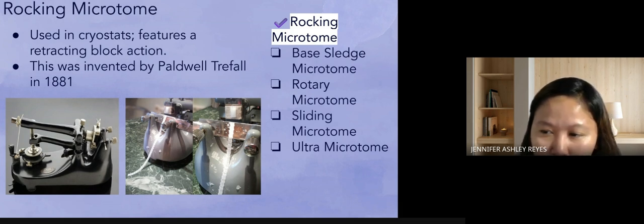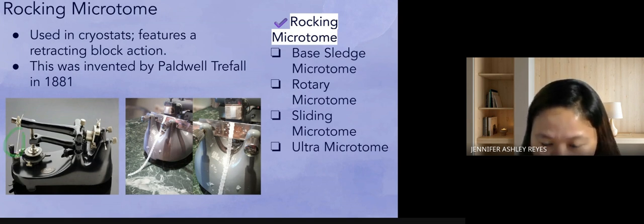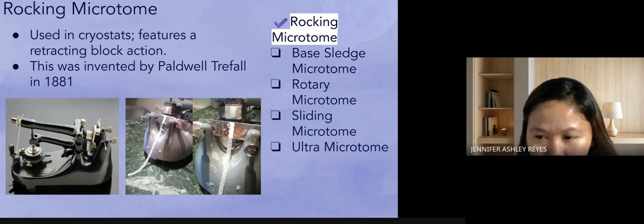And the upper arm is carrying the block holder on one end using a screw, and it is connected to a lever by a piece of nylon or thread. So that's the rocking microtome.